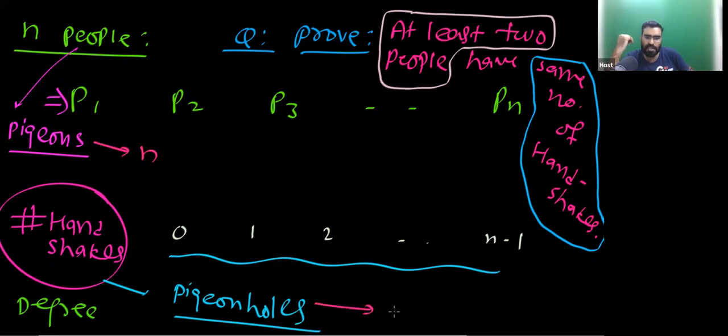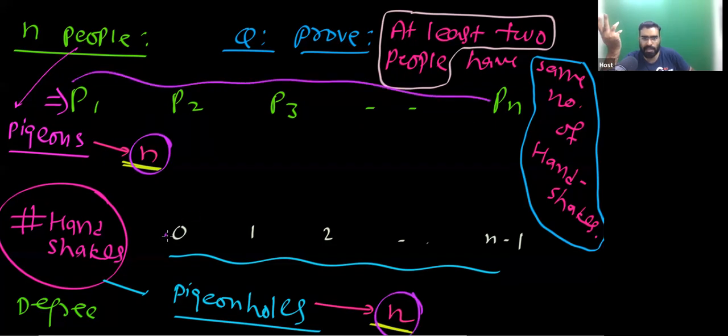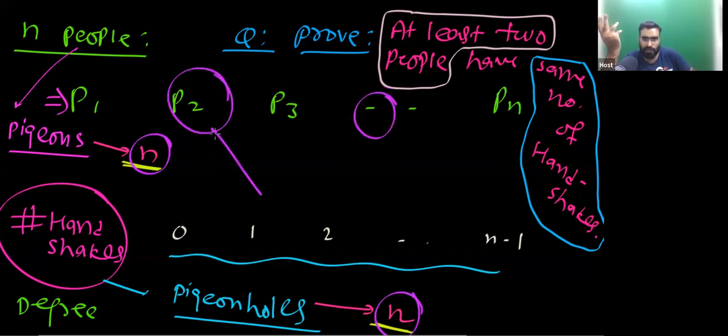How many pigeonholes are there? N pigeonholes are there. Can you apply the pigeonhole principle? N pigeons, n pigeonholes. Can you guarantee that at least two people will go to the same number of handshakes? You have total n people and total n rooms. Can you guarantee that at least two people will share a room? No. So then how to prove it?